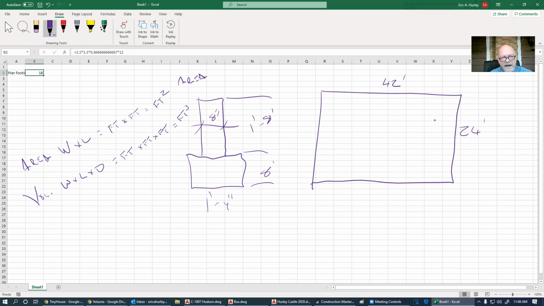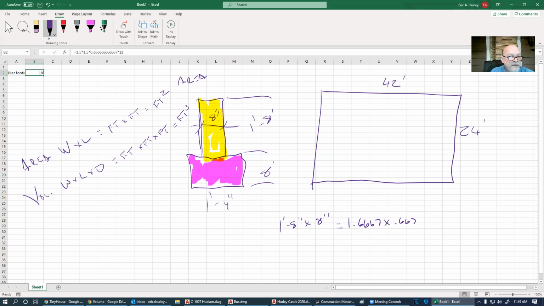So first of all, let's take care of this. We have this space here. We'll call that space number 1, and we have space number 2 down here. For space number 1, we're going to say 1 foot 8 inches times 8 inches, or 1.66667 times 0.667.